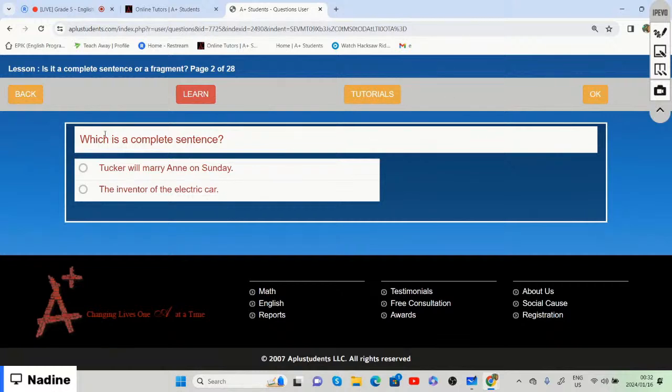So for example, the test. We need to say which one is a complete sentence. And remember, a complete sentence has both a subject as well as a verb, right? It says, Tucker will marry Anne on Sunday, or the inventor of the electric car.